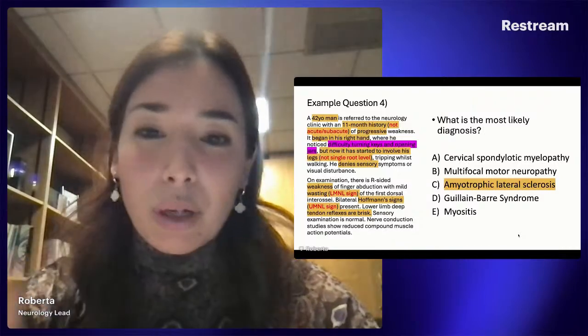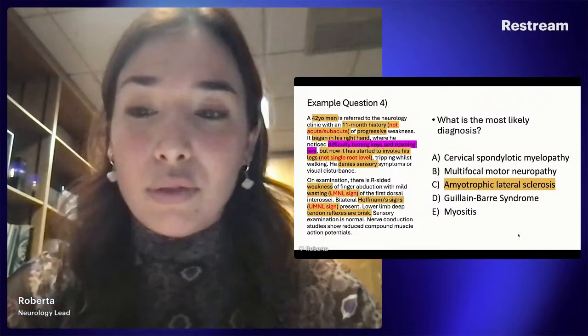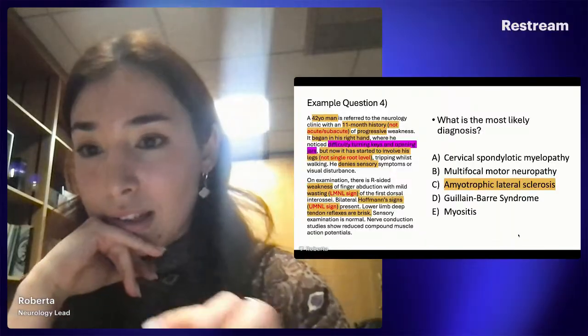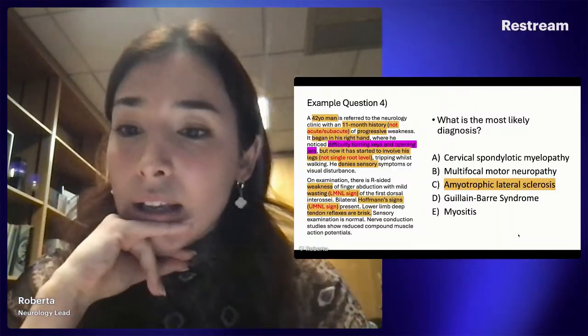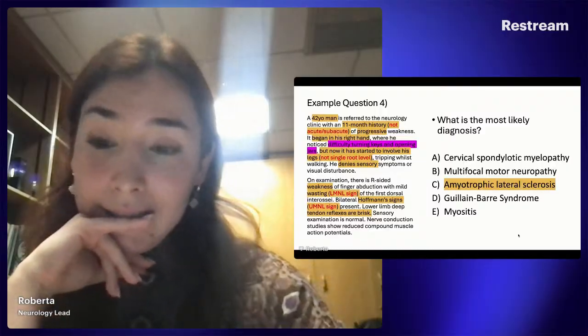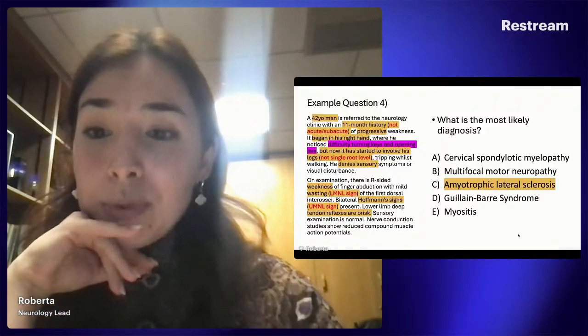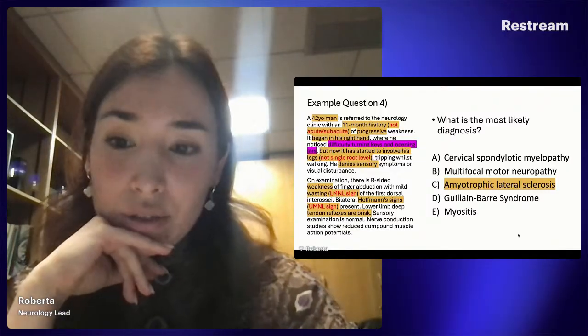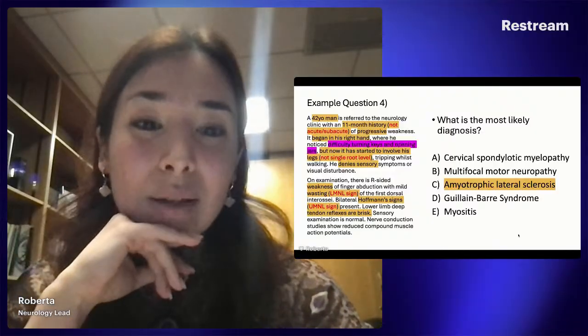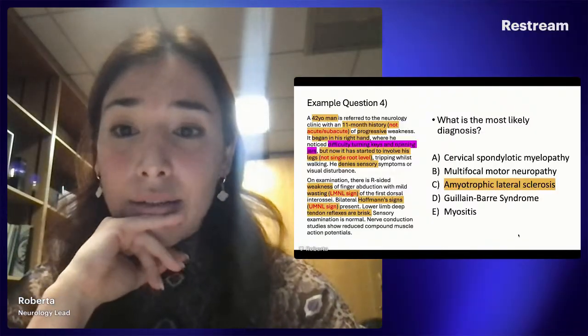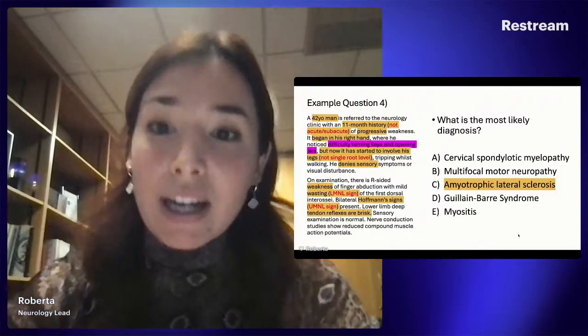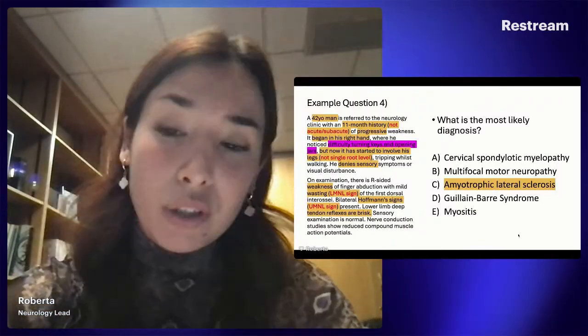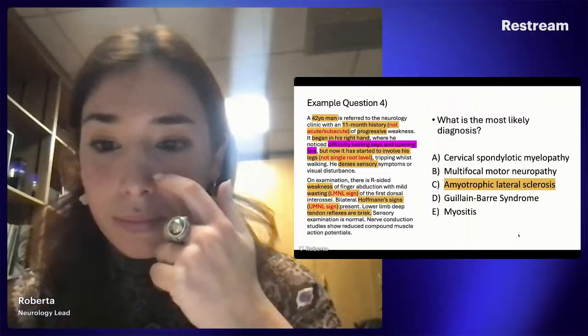But I wouldn't base much of my judgment on that detail. We have weakness of several muscle groups, but no sensory deficit. So again, this is telling me it's motor involvement rather than something that can affect the sensory nervous system as well, or the autonomic nervous system as well.